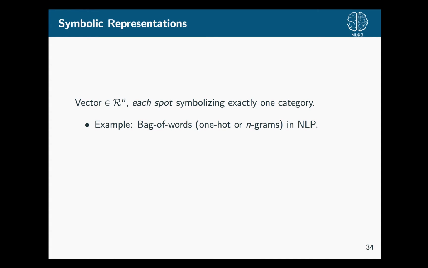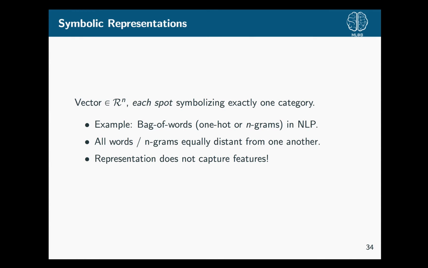This is a very simple representation scheme to build, but the problem is that there's no notion of distance between two different encodings, because 1, 0, 0, 0 is just as far from 0, 1, 0, 0, 0 as it is from zeros and then 1 at the very end. All of these are discretely mapped, and there's no notion of distance or similarity. As a consequence, there's no way to actually capture features in these representations.